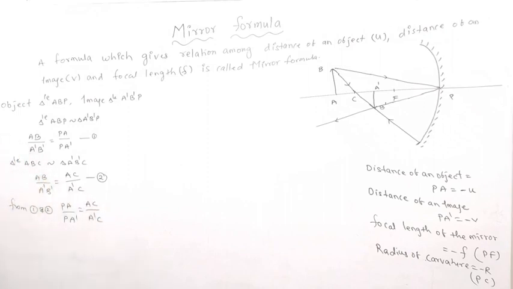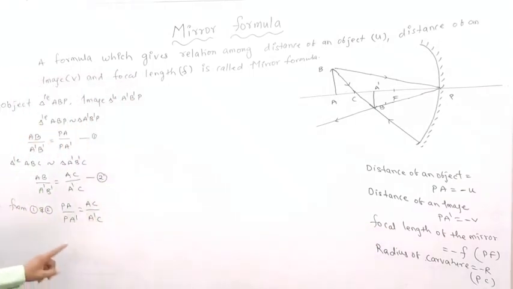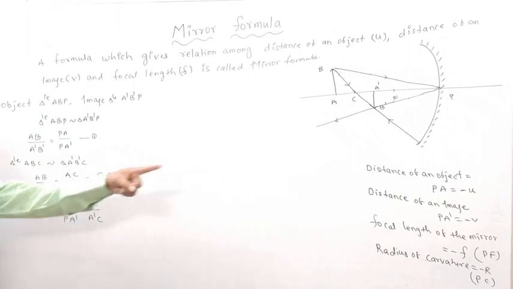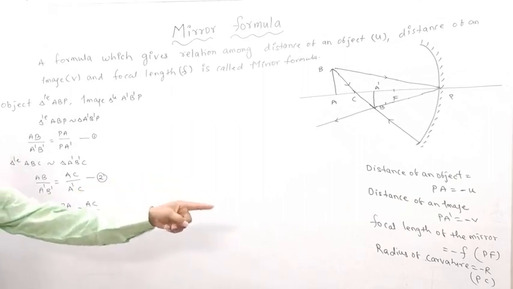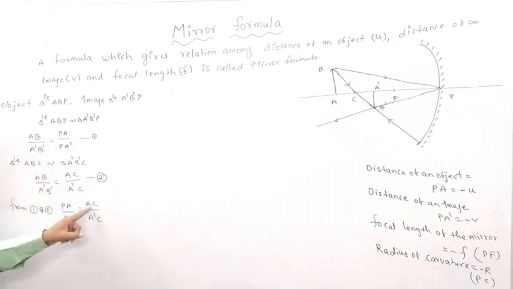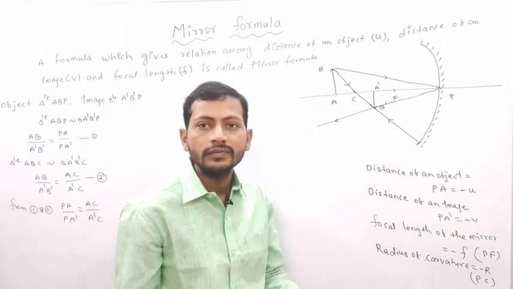Very good. Now please observe this. Which terms do you know? See here and substitute the values. Sir, if you observe clearly, PA equals to minus U, PA dash equals to minus V, but AC, sir, how can I find AC?